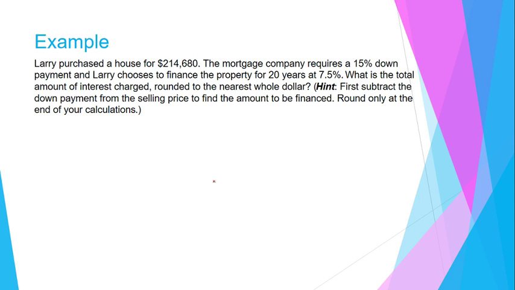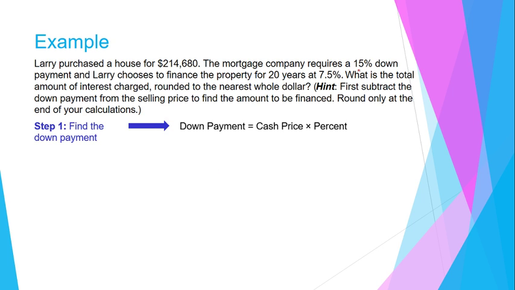So the first thing we need to do is find the down payment. That's what we learned a few slides back. Multiply the rate, which is the 15% down payment, with how much the house cost. So $214,680 times 0.15, giving us a down payment of $32,202.